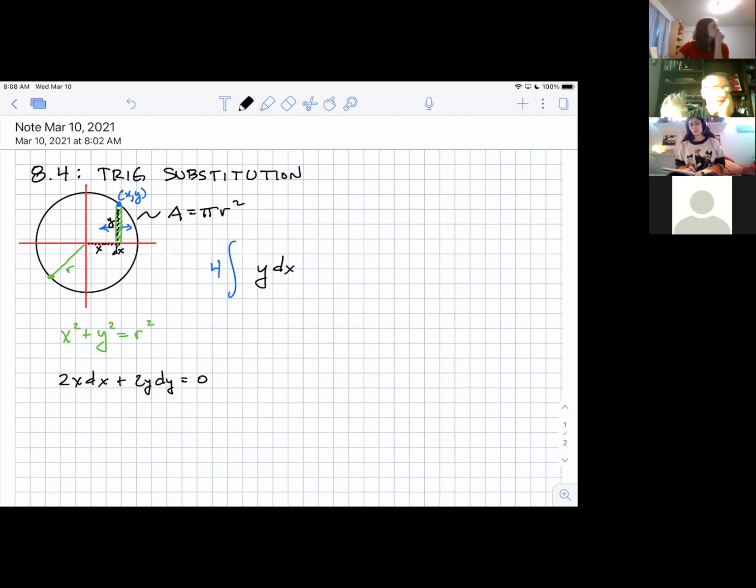There's a conversion right there between dx and dy. If you wanted to switch that dx to a dy, you could totally do it. But it's easier to switch y out. So if I work with x, would you agree I need x to go everywhere from here to here, which is everywhere from r to 0?